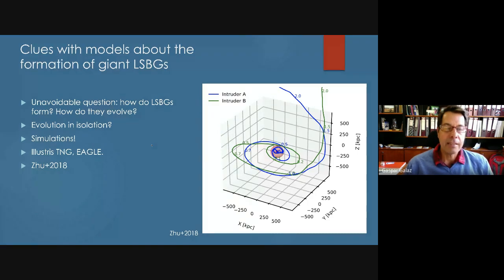But another interesting thing, and this is my opinion, is that I think we are missing some of them. I don't know why, perhaps for the same reason that we missed Malin 1 for many years, up to the 80s. This galaxy was discovered because it was observed in the HI data that there was a big spot of HI. When they compared the spot in HI with optical images, they discovered a teeny optical galaxy there.